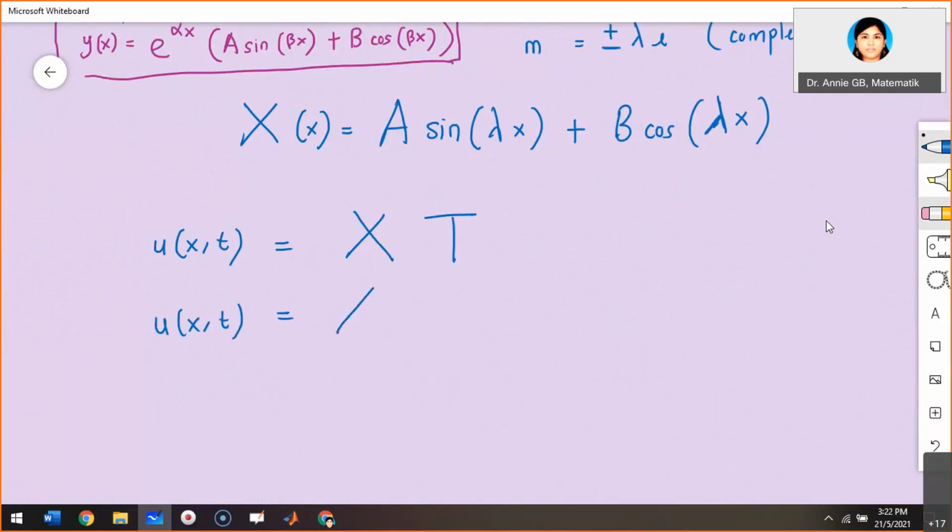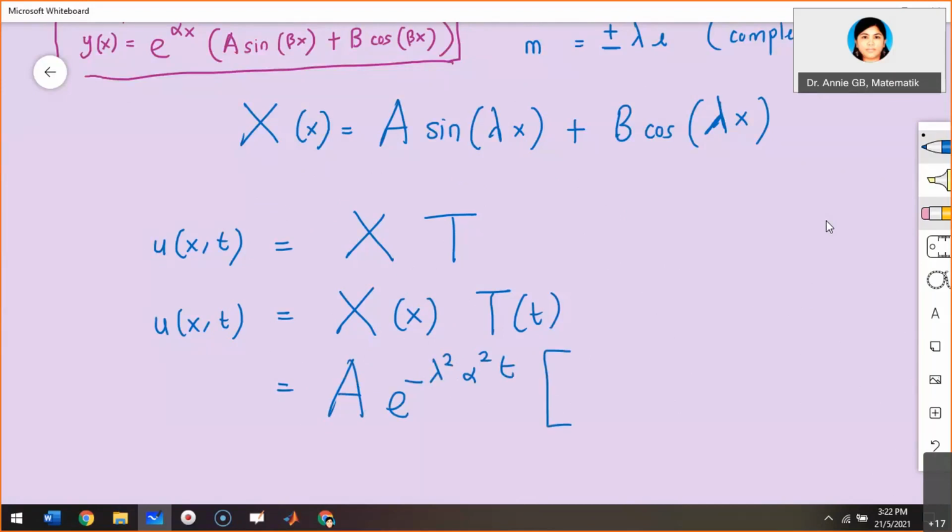Okay. A better way to write this, saya skip tadi. Better way to write this adalah X of small x, T ni melibatkan small t. Okay. What is the equation T tadi saya dapat? Saya dapat exponent, A exponent negative lambda squared alpha squared t. Now, big X ni pula saya dapat A sin lambda x plus B cos lambda x.